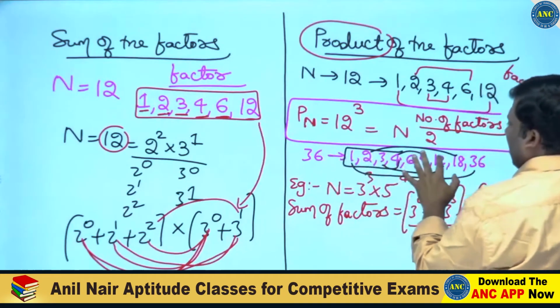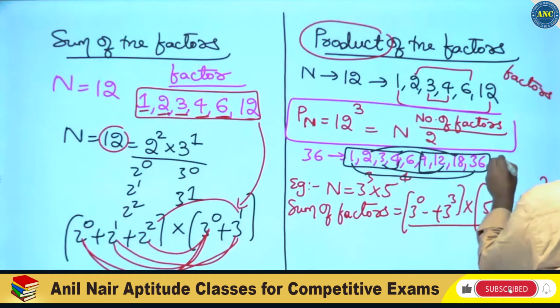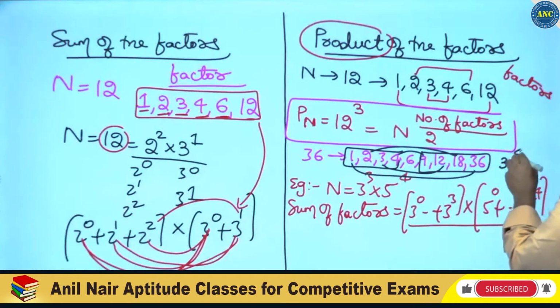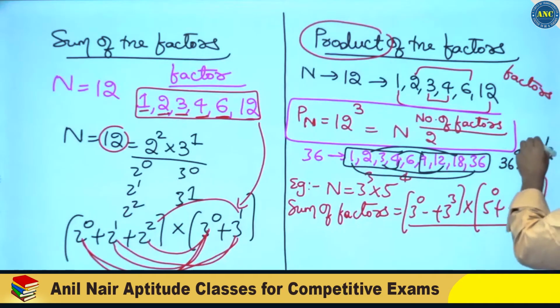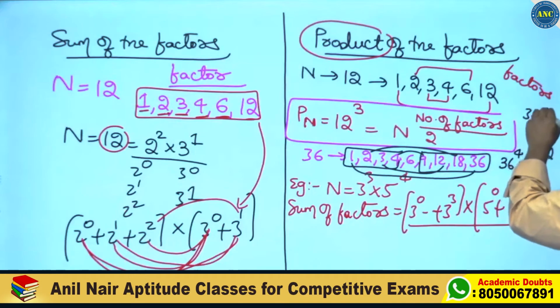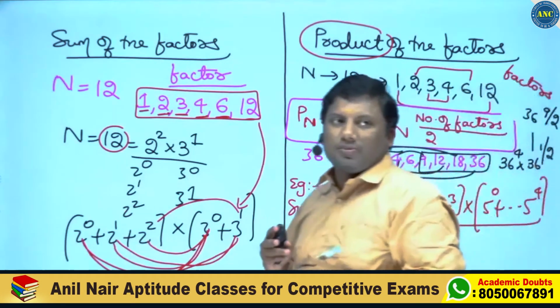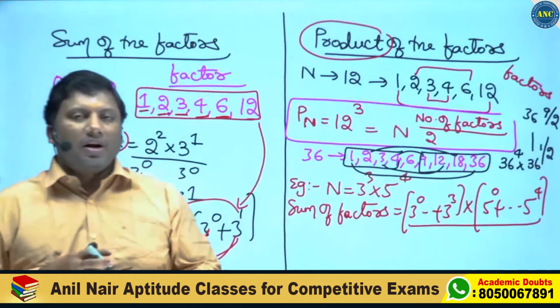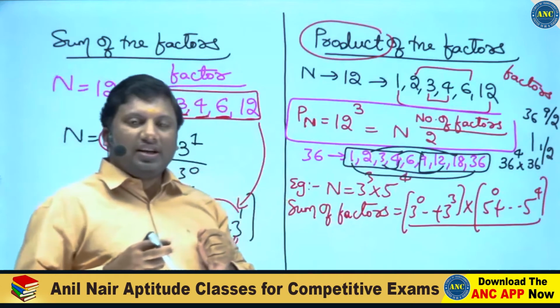These are 4 pairs whose product is 36. So 36 power 4. The 6 in the middle can be written as 36 power 1 by 2. This will become 36 power 9 by 2: number power, number of factors by 2. Totally 9 factors are there.